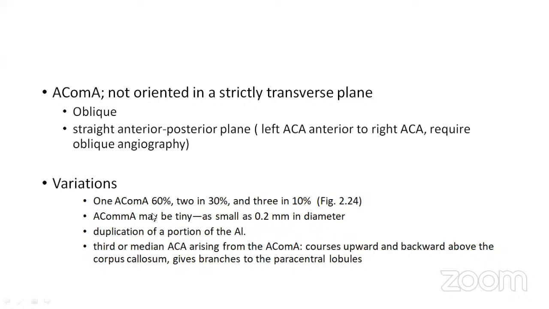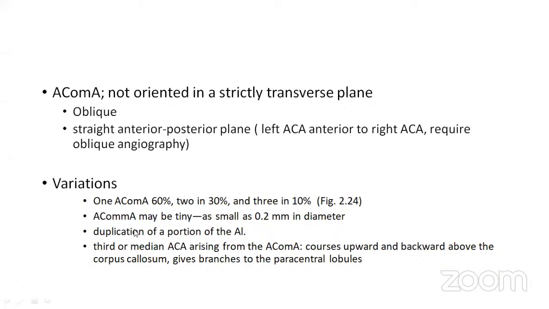Variations of the ACOM: in 60% of cases you may find a single anterior communicating artery. There may be two anterior communicating arteries in 30% of cases, while there may be three in 10% of cases.